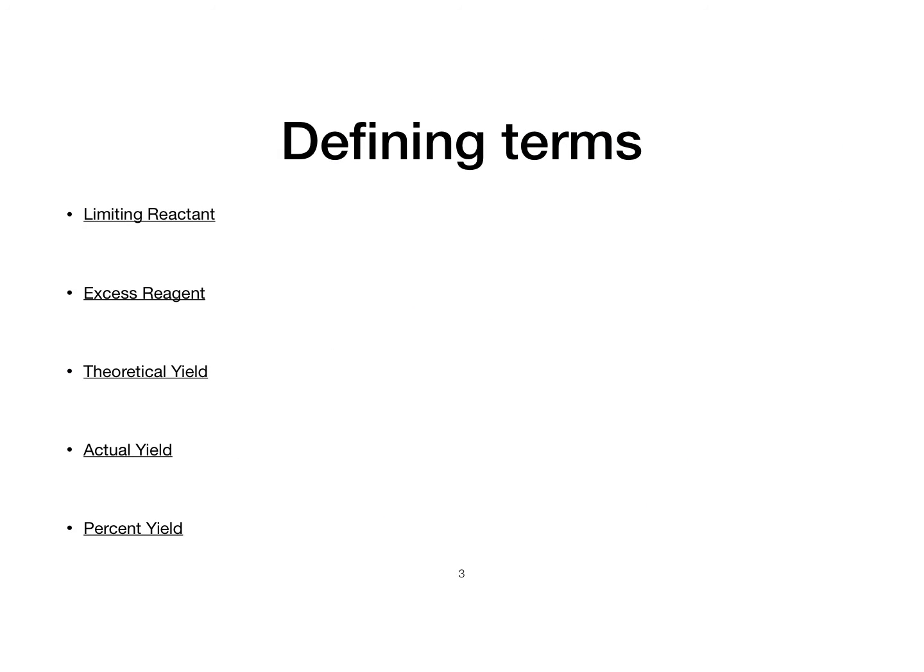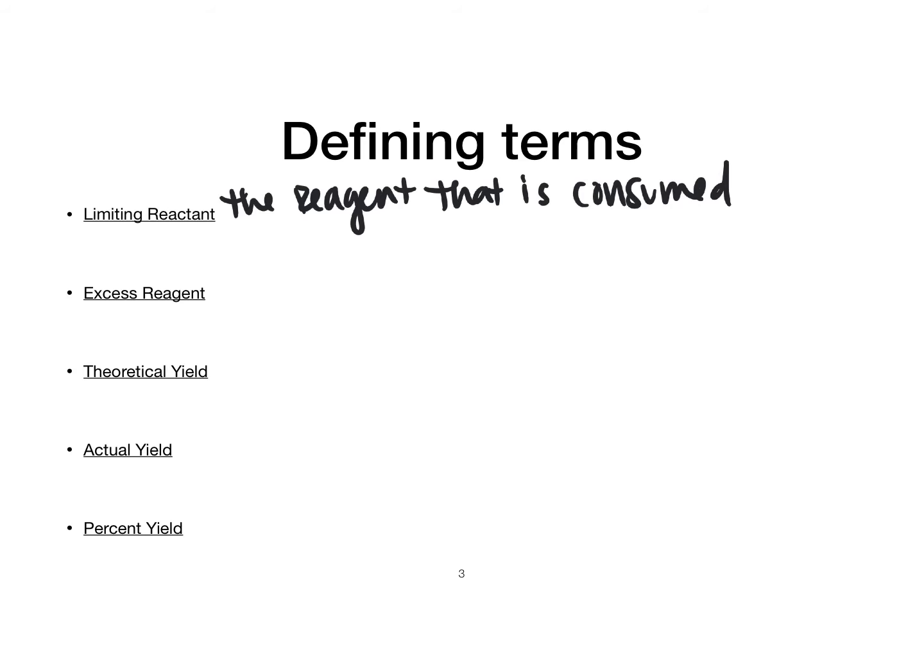So let's think about the different terms so that as we move forward in these examples, we all know what we're thinking about. So limiting reactant, this is the reagent that is consumed first. There is nothing left.